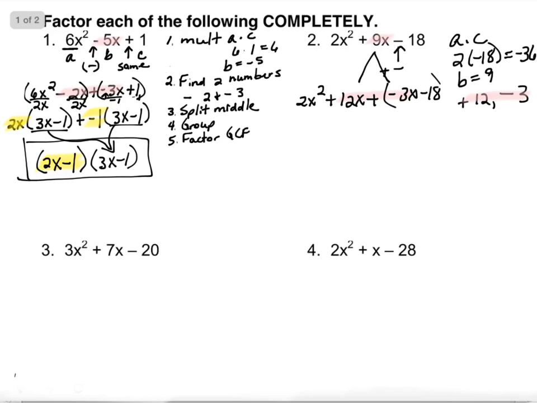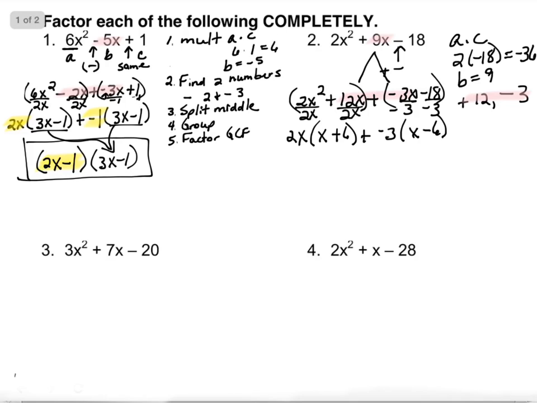Then you group the first two and the last two, and factor out your GCF, which is 2x. Divide each of these by 2x, and that leaves you with x plus 6. And the greatest common factor in the second set of parentheses is a negative 3. It's negative because I want that first term to be positive. And so I put negative 3, and then that becomes x minus 6.